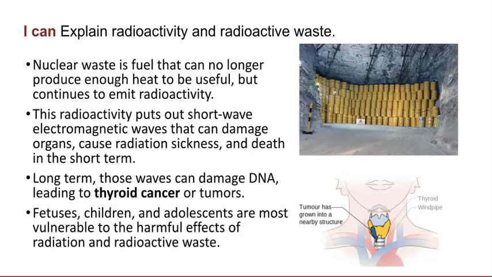Currently at nuclear power plants, the spent fuel rods, is what we call them, are stored on site at the location. Now, Congress, about 20 years ago, voted that they were going to put all nuclear waste inside tunnels in a mountain in Nevada called Yucca Mountain.